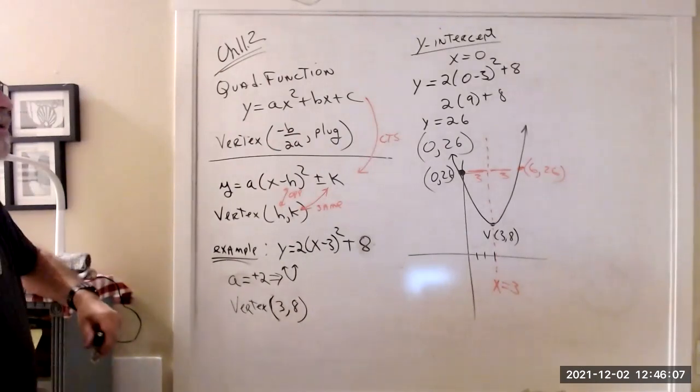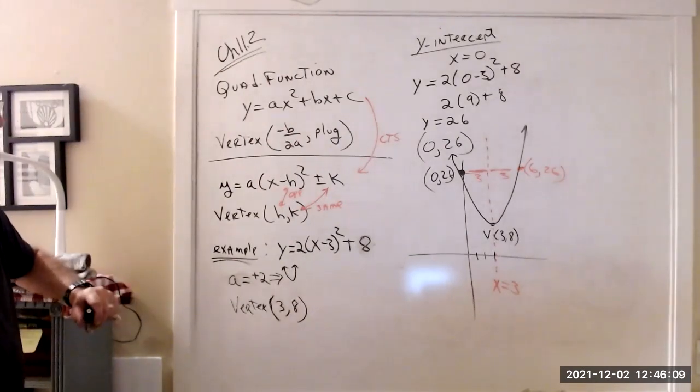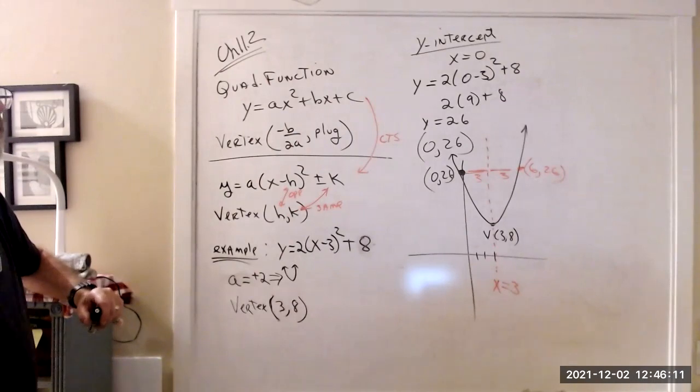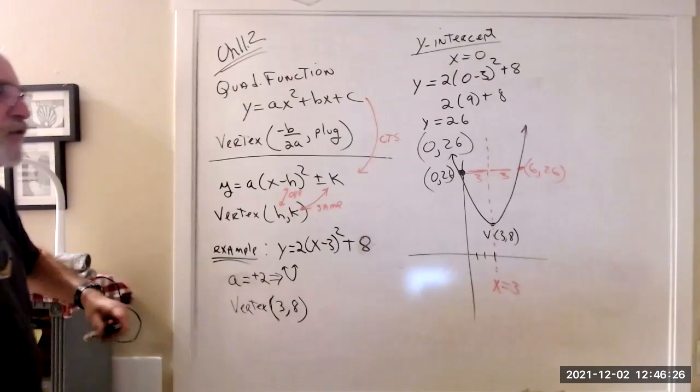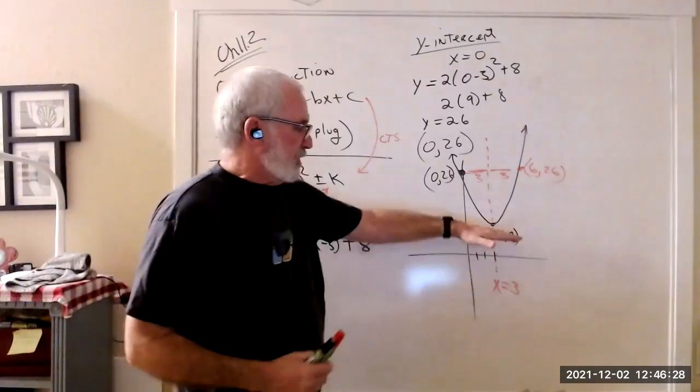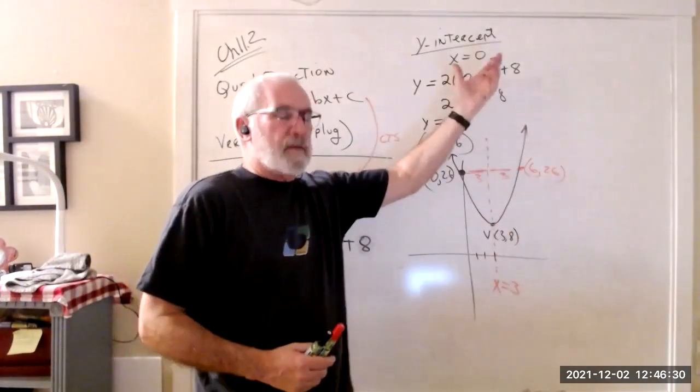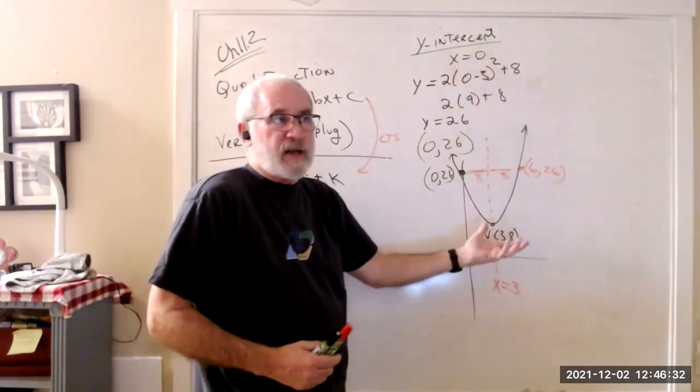Big drum roll. Does this have any x-intercepts? No, because it's going up. It's starting above the x-axis and it's going up. So it doesn't have any x-intercepts.